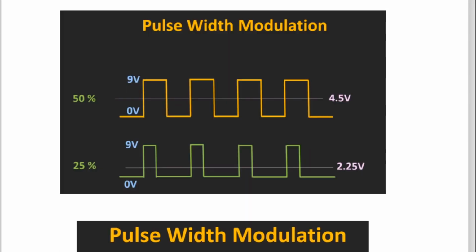And suppose if I change the width of the pulse. Here the average power delivery is 50%, means 9 volt was the battery, so 4.5 volt. And if I reduce the width of the pulse, it will come to 2.25 volt only. And you will not complain, because in 1 second how many times am I changing?